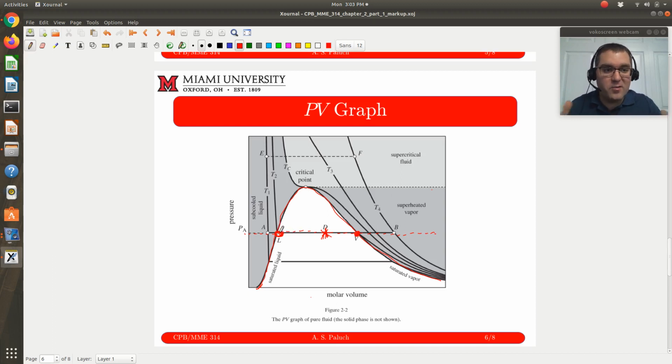In a liquid phase, those molecules are going to be closer together. So as I draw this isobar, I know this is going to be the vapor, and this is going to be the liquid. Why? Because I know that the specific or molar volume of my vapor is going to be greater than that of my liquid. Cool. So this is characteristic of my phase boundary.